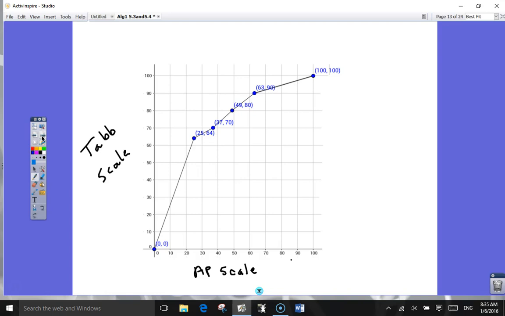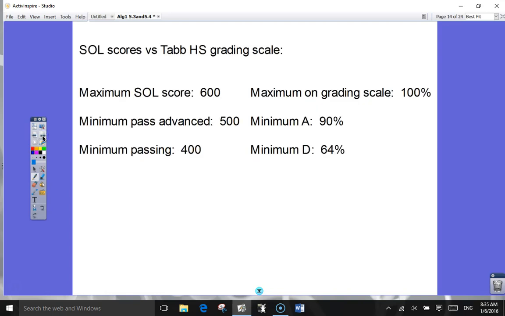I mean, another place where you might have to do that, which actually we end up having to do, is in the SOLs, right? What's the best grade you can get on the SOLs? 600, right? The minimum pass advance is 500. Usually, if we have to turn SOLs into grades, and sometimes we do, sometimes we're told not to, but sometimes we do, then usually you're going to use the 500 as the minimum A, right?